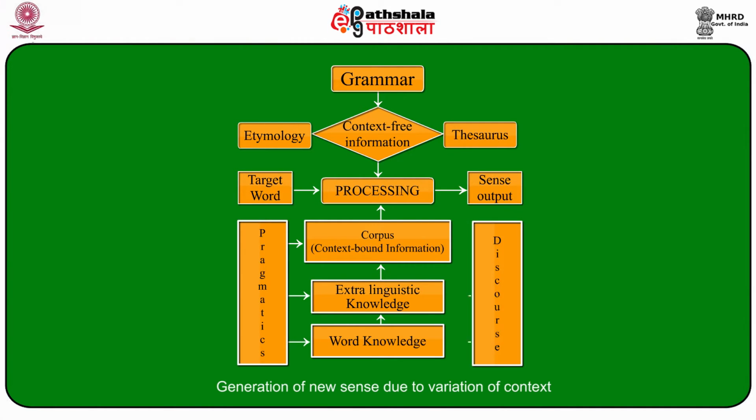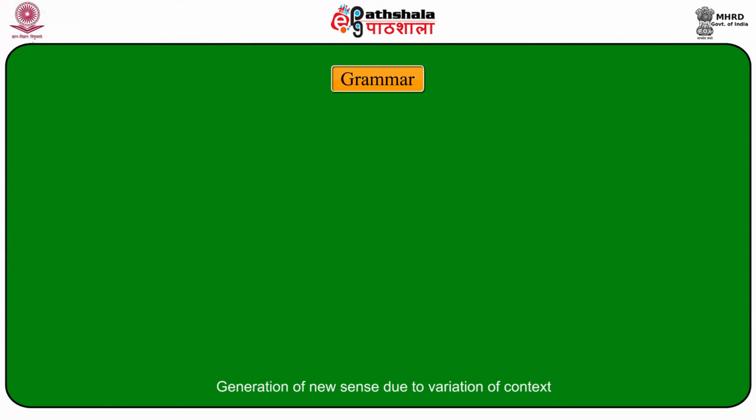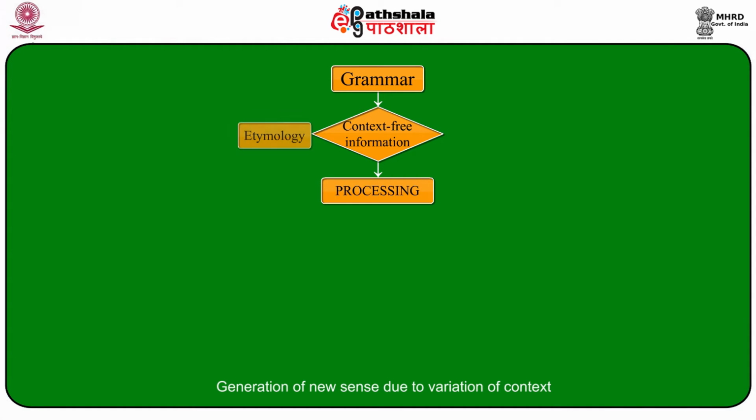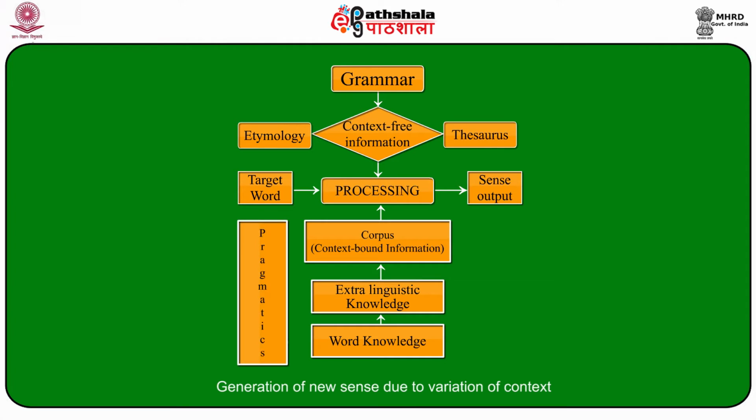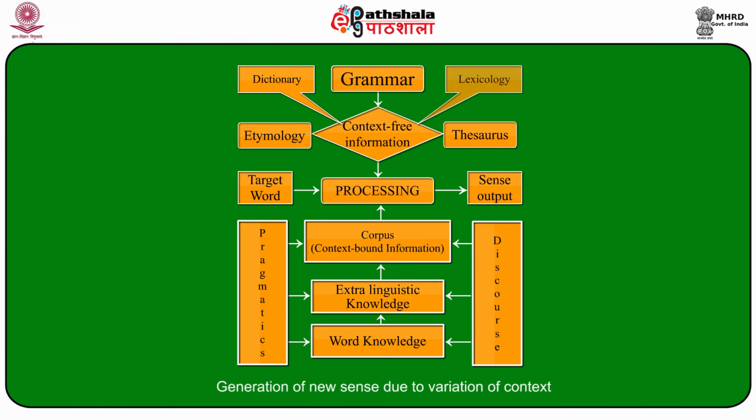If we look at the diagram, let us assume that we have a target word which has one meaning derived from its etymology, or from the origin from where it is derived. This we call S1, sense 1. So this sense 1 of the target word is derived from its etymology. Then it generates multiple other meanings. Obviously those meanings are triggered from the contexts, and this is how it actually happens.